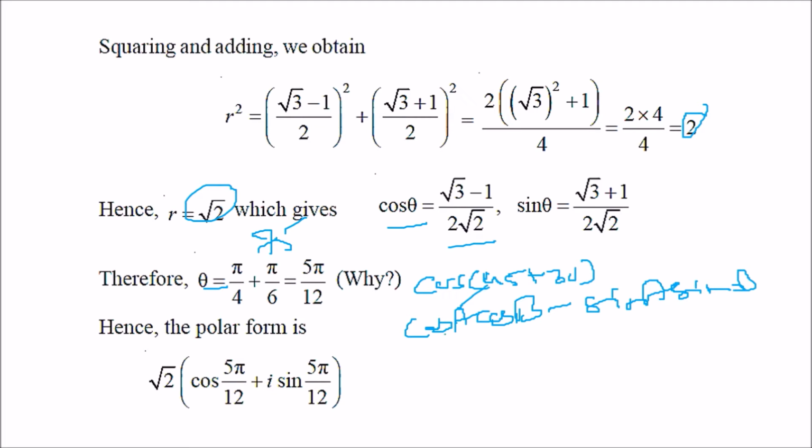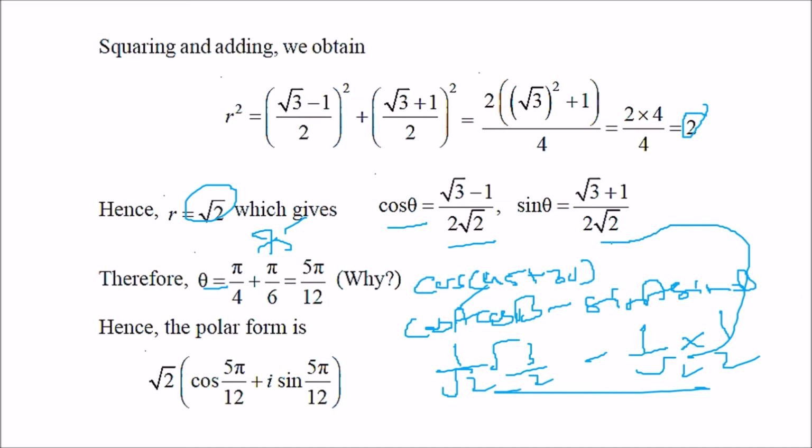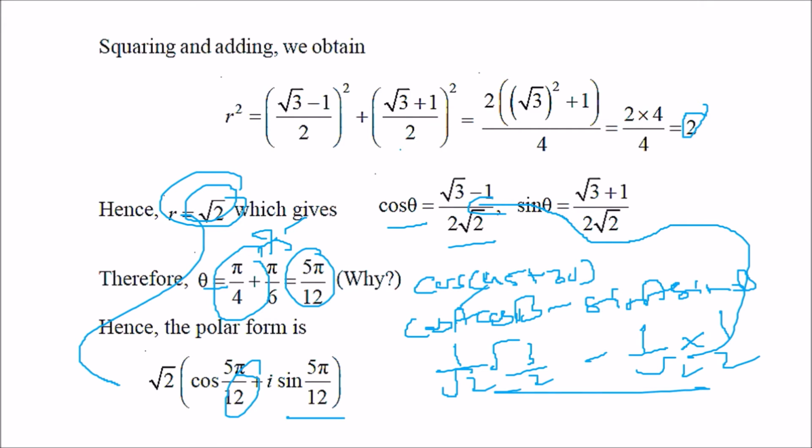Cos 45 is 1 by root 2, and cos B is root 3 by 2, minus sin 45 which is 1 by root 2, and sin 30 which is half. If you combine them, you get this. So this is how you get pi by 4 plus pi by 6, that is 5 pi by 12, and this theta is 5 pi by 12. So again, this is r equal to root 2 times cos 5 pi by 12 plus i sin 5 pi by 12.